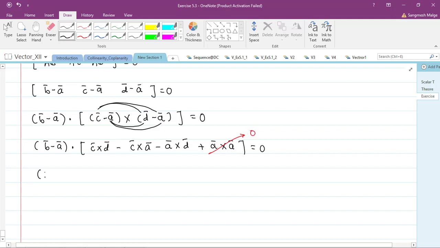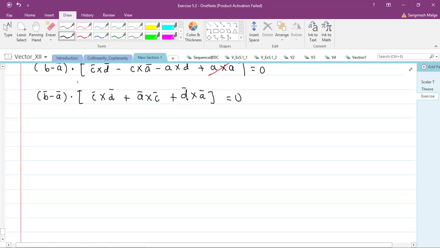So let's see next. B bar minus A bar dot, what is remaining inside: C bar cross D bar, and making the negative positive, it is positive A bar cross C bar and positive D bar cross A bar. This is equal to 0. Now distribute the dot. So B bar dot C bar cross D bar, plus B bar dot A bar cross C bar, plus B bar dot D bar cross A bar.